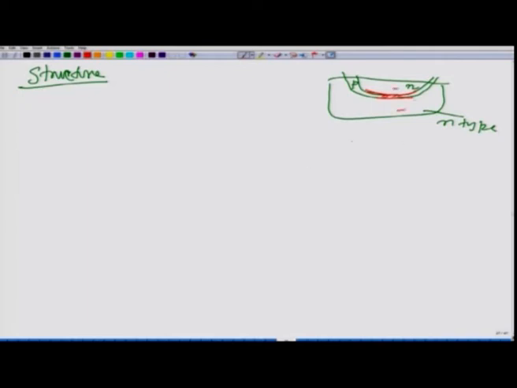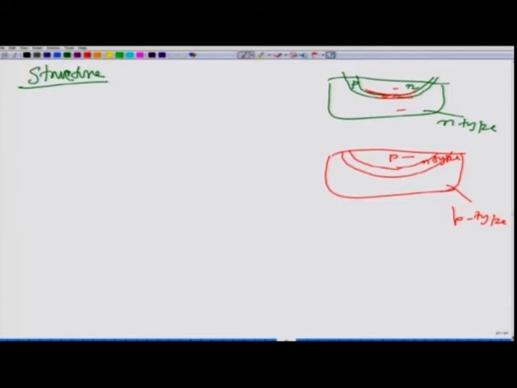Or you can have the reverse of it. You can take this basic wafer, which may be p type to start with, and then you diffuse on this some n type, and on that you again diffuse something which is p type. So, this is also a possibility.